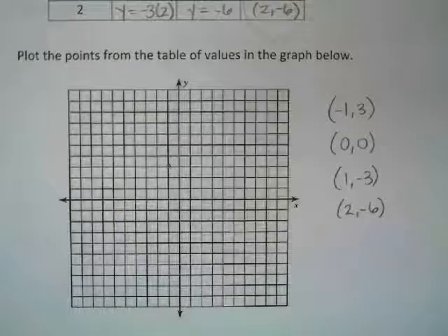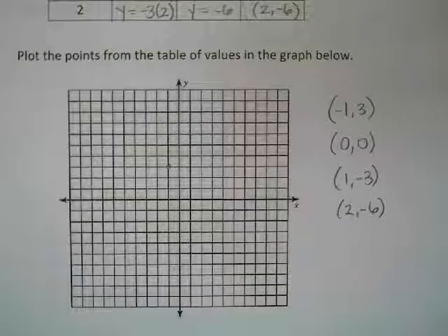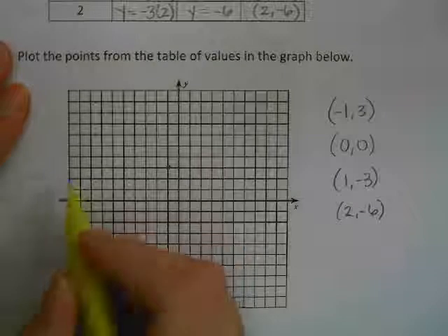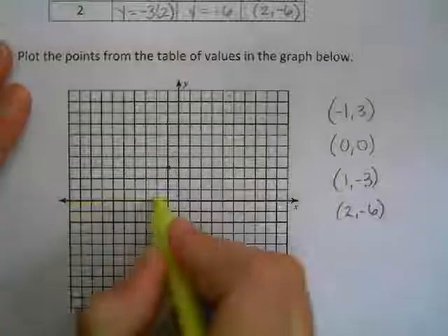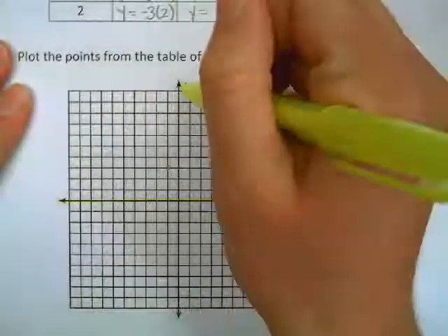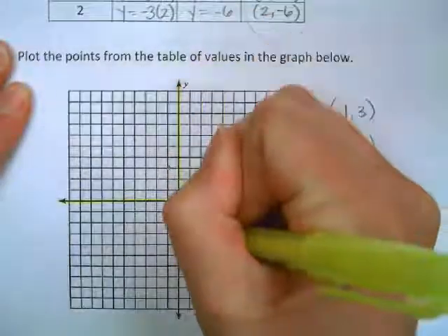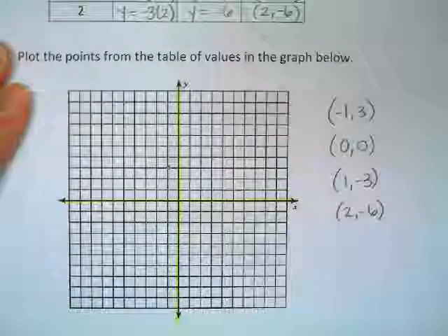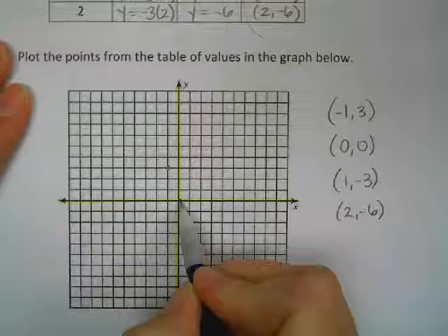And if you're having a difficult time seeing the x and the y axis, sometimes they blend in with the other lines in the coordinate grid, I would maybe highlight them. And then that way you can always see the origin.